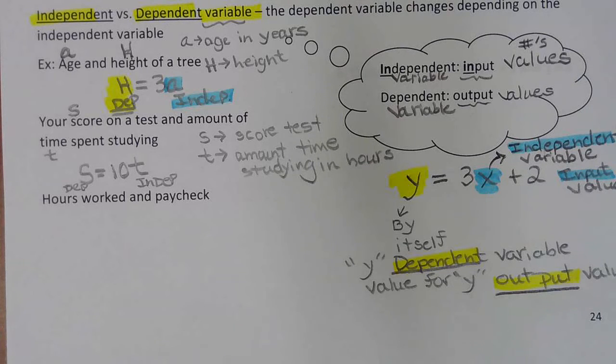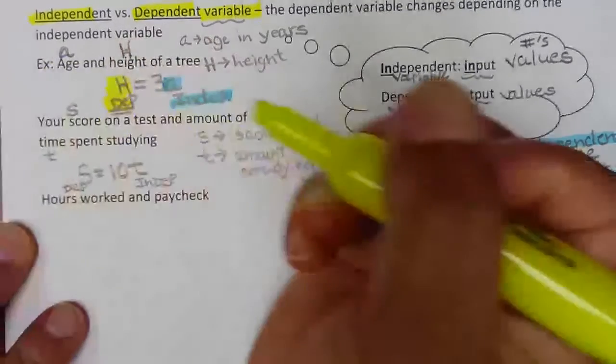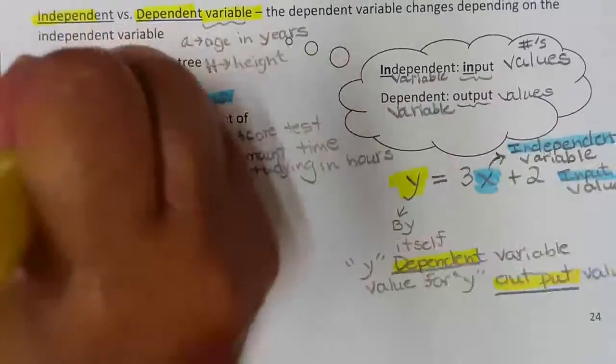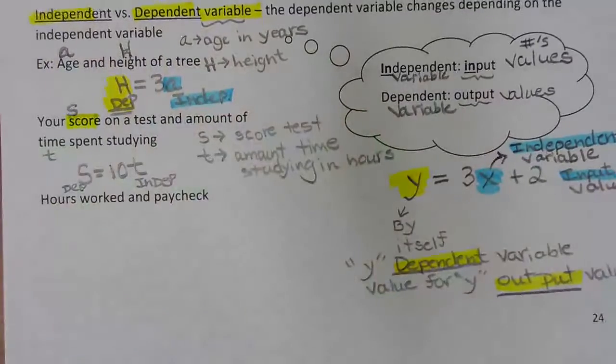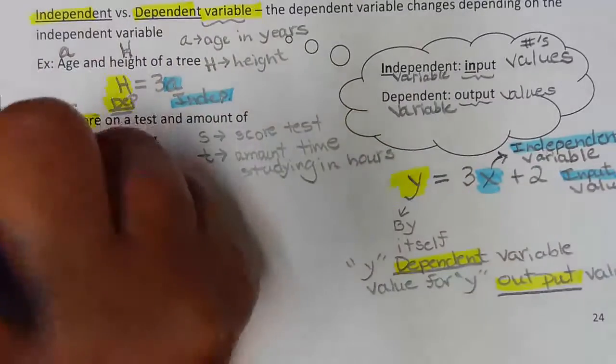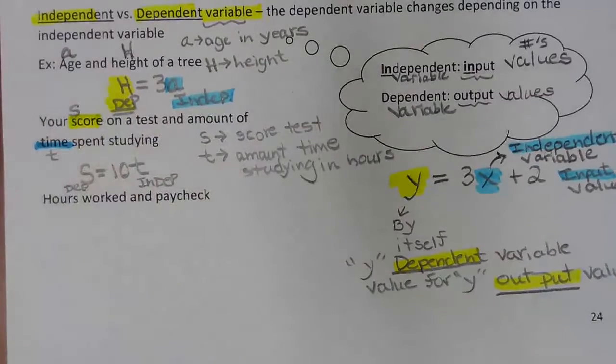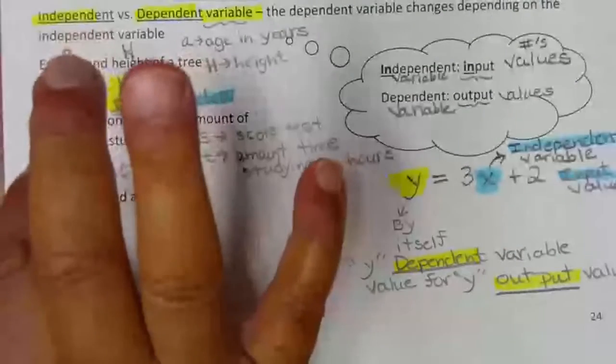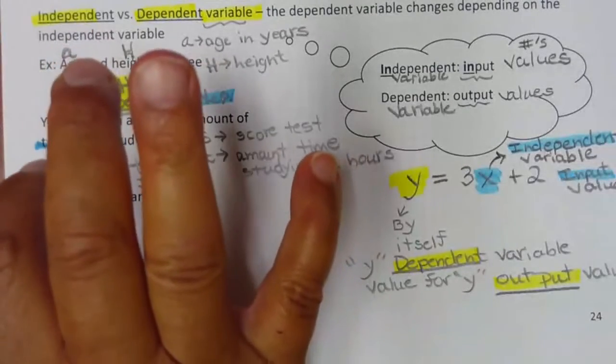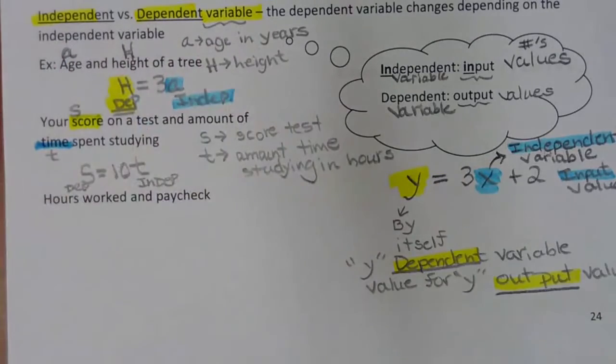So another way you could do these problems is you could try to insert the word depends somewhere in the sentence and see if it makes sense. Understanding that the two main things here are score and time studying, you could try saying the score depends on time, or does time depend on your score?